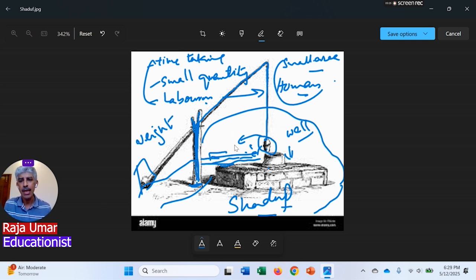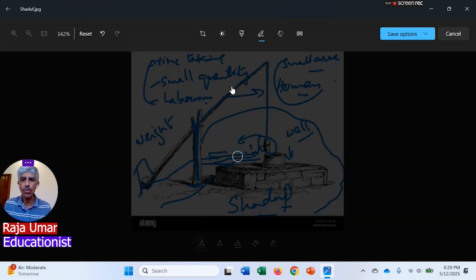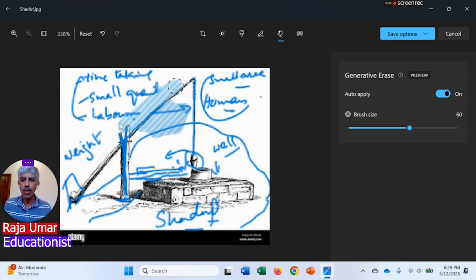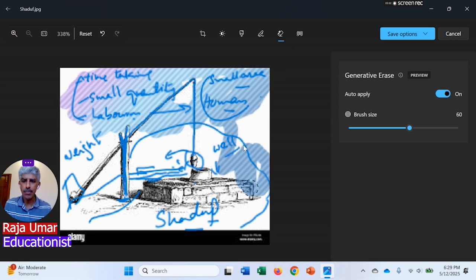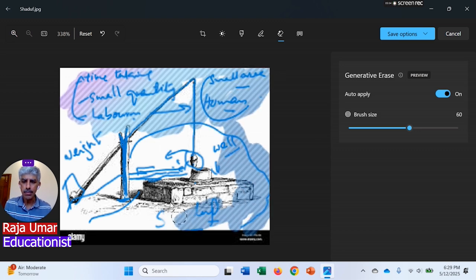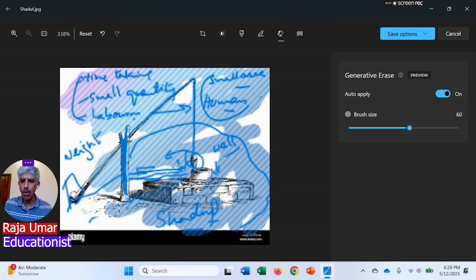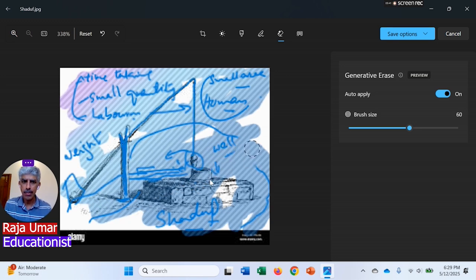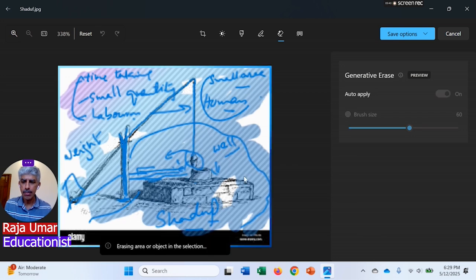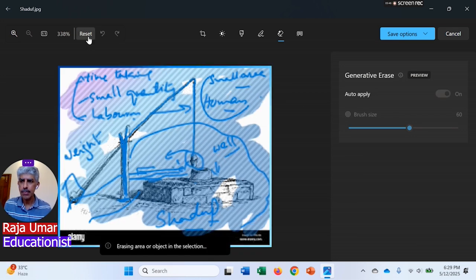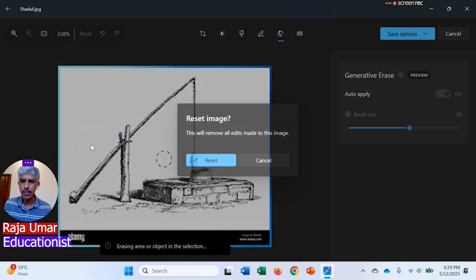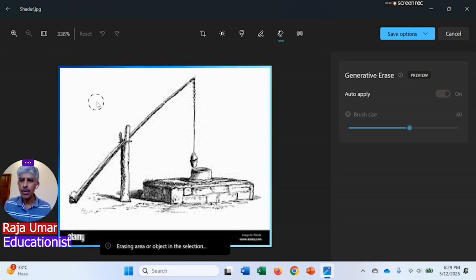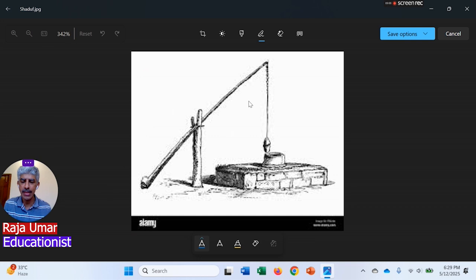And the structure is quite clear to you all, how it works, and you are supposed to know how it works. In this way you can explain the whole structure of Shaduf like this.